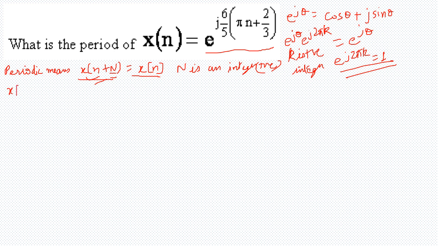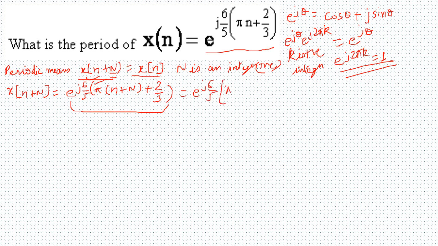So let's do that. X[n + N], so instead of small n we can put n plus capital N. That gives 6/5 π (n + N) + 2/3. Now we need to make it equal to x[n]. Can we make x[n] out of this part? Let's write it again and see.